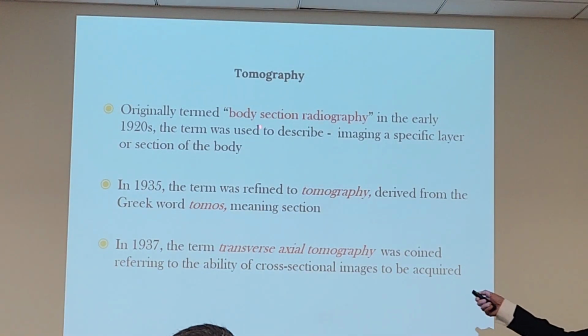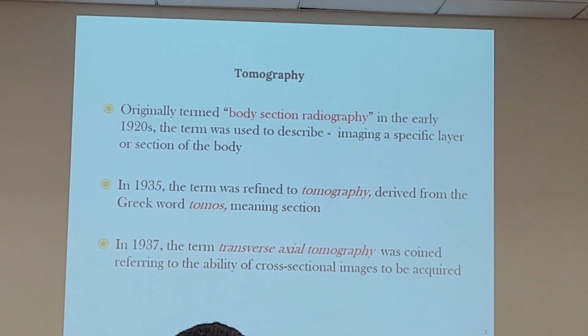So as we get back into body section radiography, this is really what it was. It started, believe it or not, back in the 1920s, when it was determined that we're able to take certain sections, and it really didn't slice. But what it did was blur out other anatomy that was not in focus.